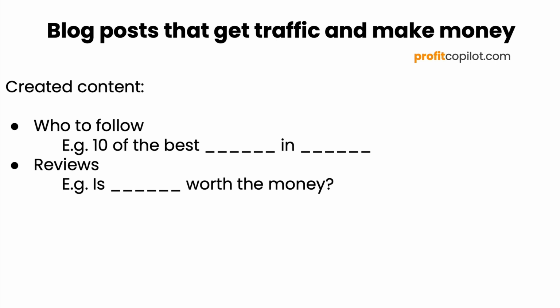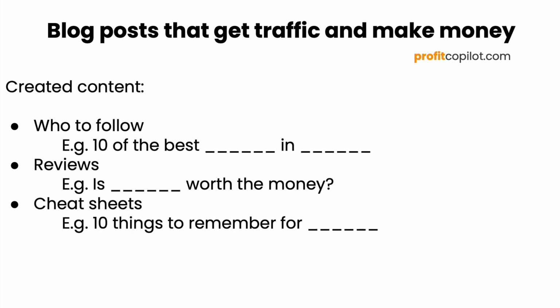You address that concern. Next up, we have cheat sheets. So this is where you can list the top 10 things that they need to remember before they achieve a result. So the 10 things they need to remember for a camping trip or before they start a diet. Next up, we have checklists.